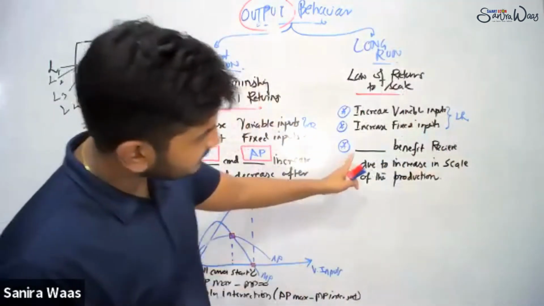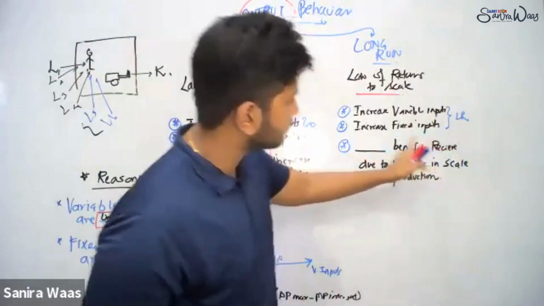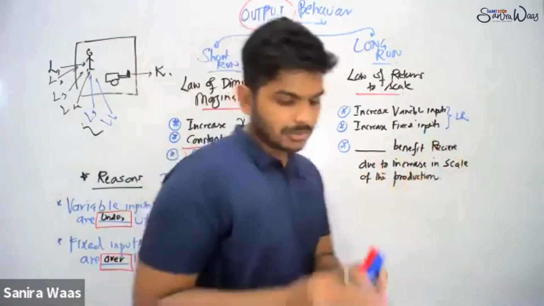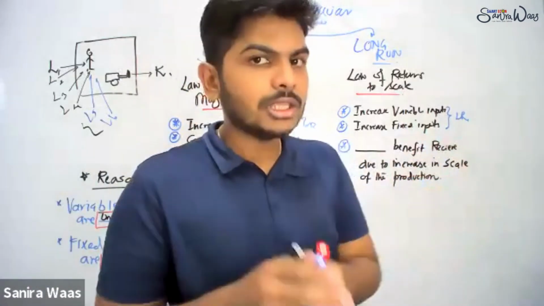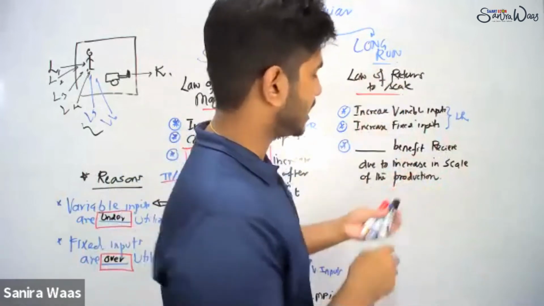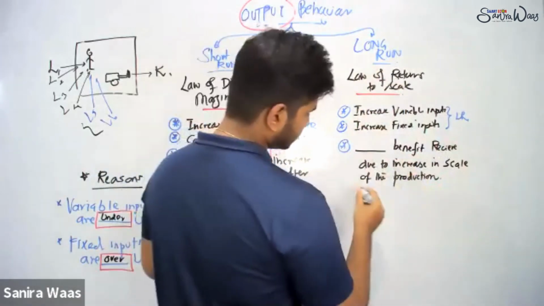Ideally, it says the benefit received due to increase in scale of the production. Production scale increases and you get a benefit. That is called returns to scale.